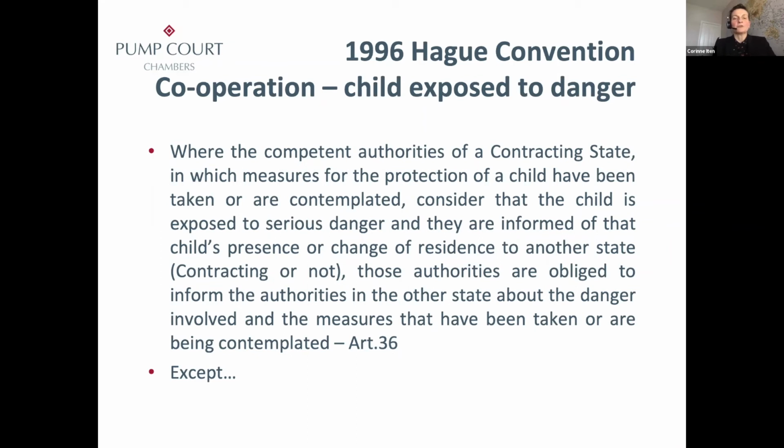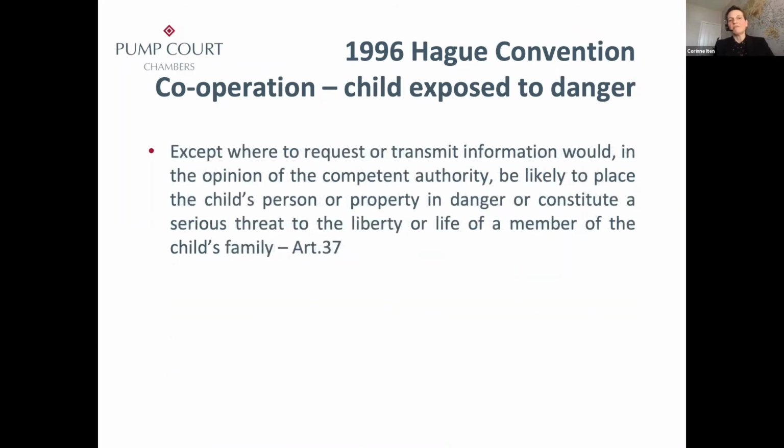Where the authorities in contracting state A, in which measures for the protection of a child have been taken or are contemplated, consider that the child is exposed to serious danger and they are informed of that child's presence or change of residence to another state, whether that's a contracting state or not, those authorities are obliged to inform the authorities in the other state about the danger involved and the measures that have been taken or are being contemplated, except under Article 37, where to request or transmit information would, in the opinion of the competent authority, be likely to place the child's personal property in danger or constitute a serious threat to the liberty or life of a member of the child's family.